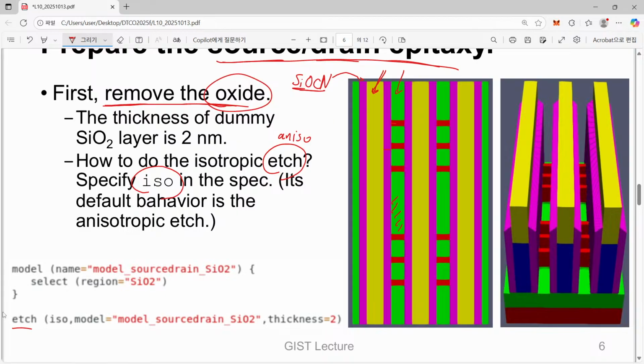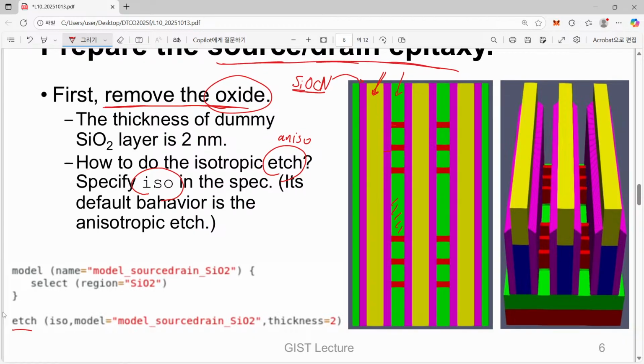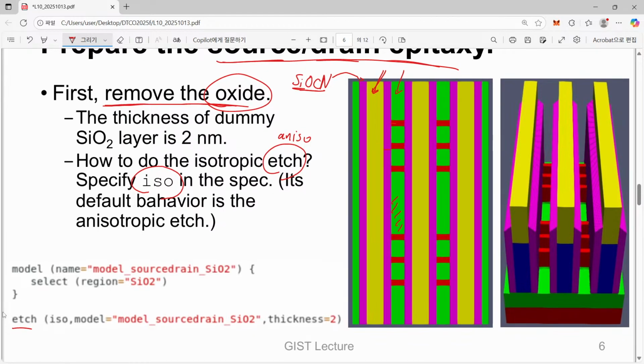Because from now on we will do a technique called selective epitaxial growth. It means that from the top view you can find many different materials like silicon dioxide, silicon oxynitride, silicon nitride, and pure silicon. We have a certain fabrication technique to grow silicon only on top of silicon.